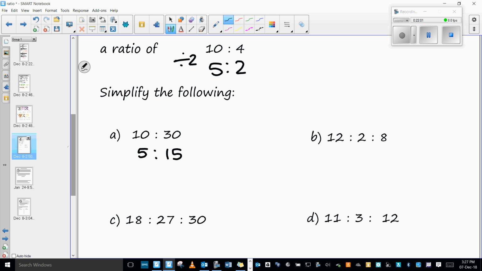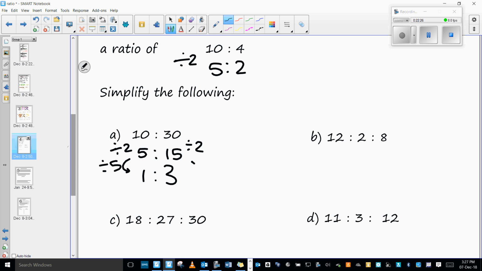What other number goes into 5? Okay, so 5 goes into 5, isn't it? Yes? How many times does 5 go into 5? And how many times does 5 go into 15? Good go. So we did divide by 2, and then divide by 5.